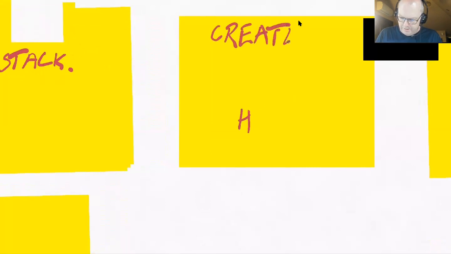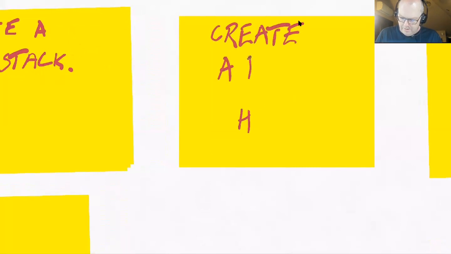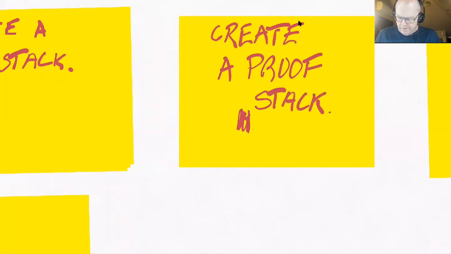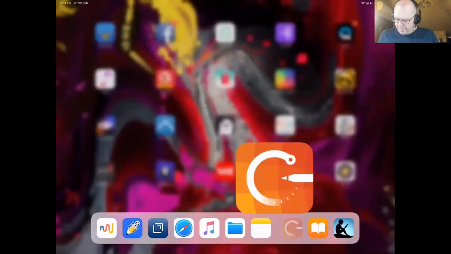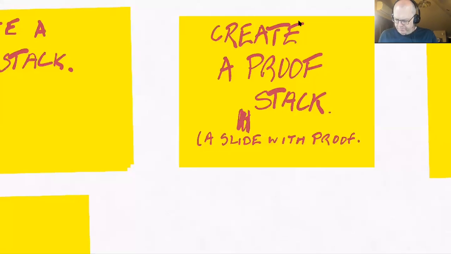Create a proof stack, which is a slide with proof. Cool. Okay, let's keep going.